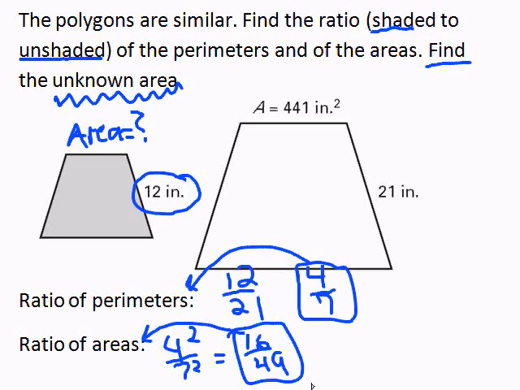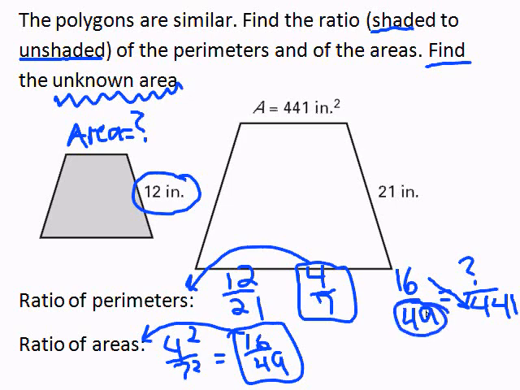Now to do that, we have to set up our proportion. The ratio of the areas, 16 over 49, is equal to the ratio of the areas that we are or are not given. So we still have to go from the shaded to the unshaded. This area is a question mark, we don't know it, over this area, which is 441. So we're going to go 16 times 441 and then divide by 49.